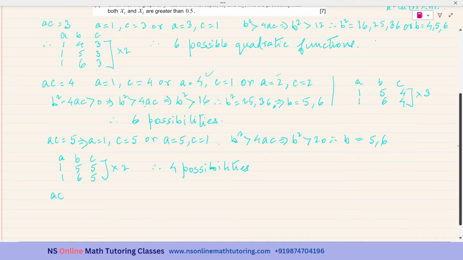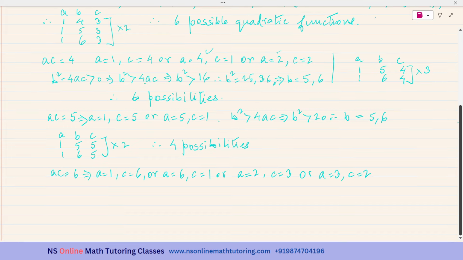AC equal to 6, A equal to 1, C equal to 6, or A equal to 6, C equal to 1, or A equal to 2, C equal to 3, or A equal to 3, C equal to 2. Okay, you have to just get the possible number of ways in which the product of A and C can be equal to 6. So B squared is greater than 4AC.